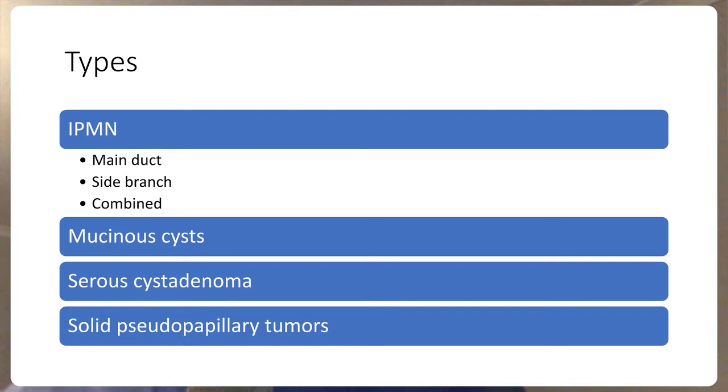Now, with IPMN, we have to divide them into three types: the main duct IPMN, when the disease affects only the main duct; the side branch, which is again limited only to the side branch; and the combined.